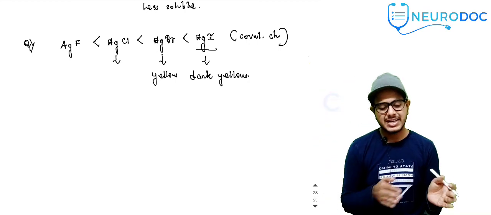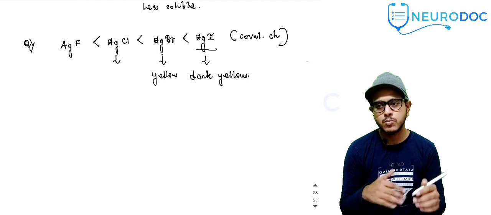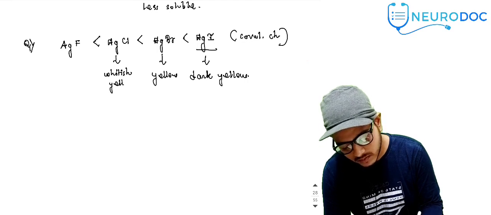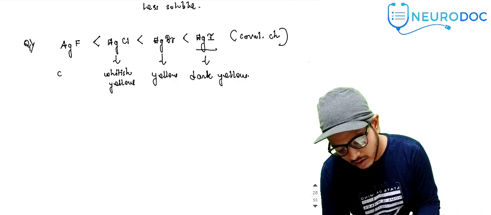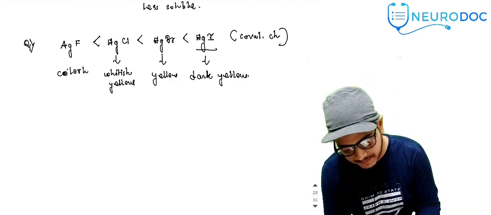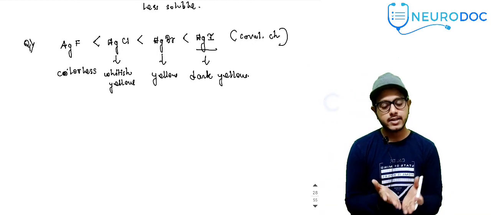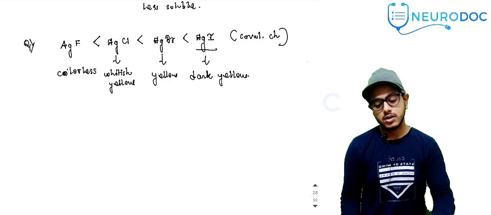AgCl is light yellow, or more whitish yellow. And AgF is colorless, or white. So we saw that more the covalent character, more will be the darkness or color imparting nature.